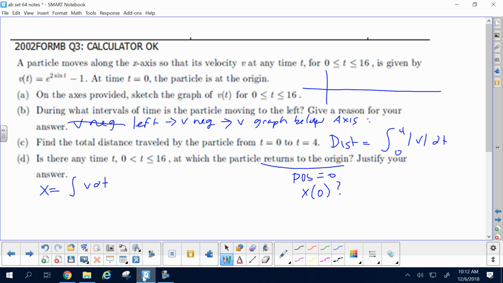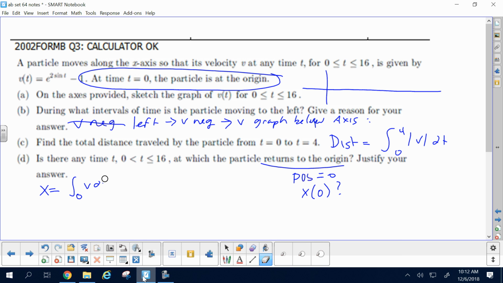Okay? They tell you that the particle starts at the origin. So at time 0, it's at the origin, and up to some time, t, let's call this, all right? You follow? Actually, let's start here.